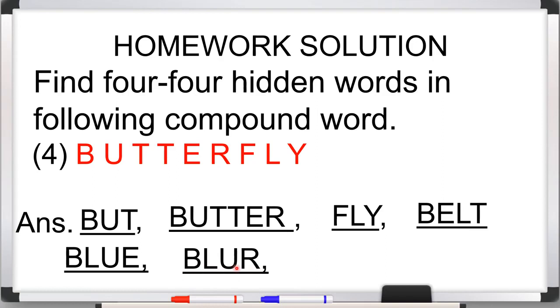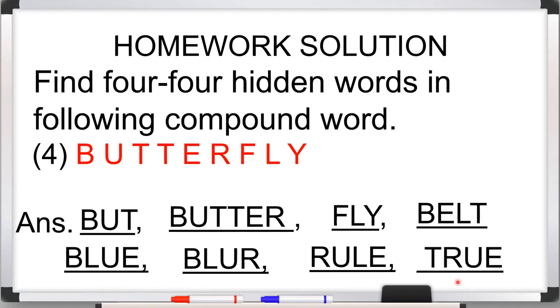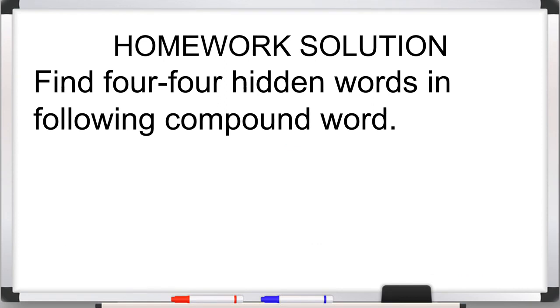Blur क्या होता है बेटा? जब कोई चीज हमें साफ दिखाई नहीं देती है, कोई पिक हमें साफ दिखाई नहीं देती है, तो हम क्या बोलते हैं? This is blur. Okay. Next is rule, RULE. Okay, we have to follow the rules, so this is that rule. Next is true, TRUE. True means सही. Okay, हमें हमेशा सच बोलना चाहिए. True.